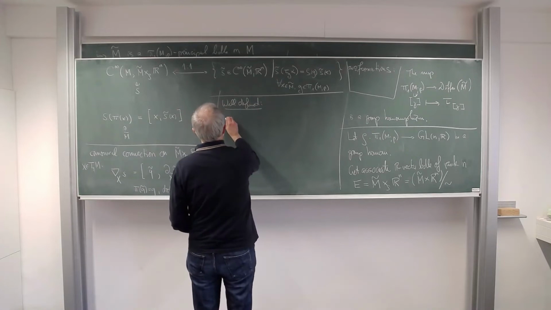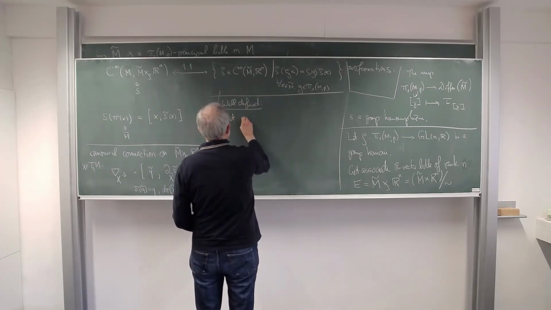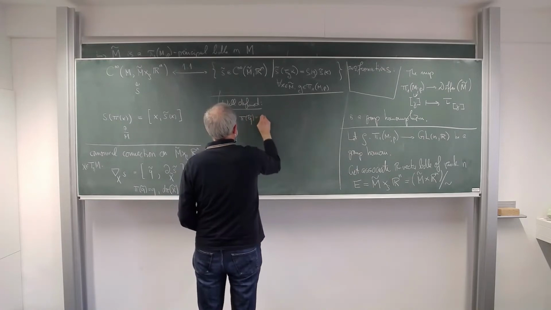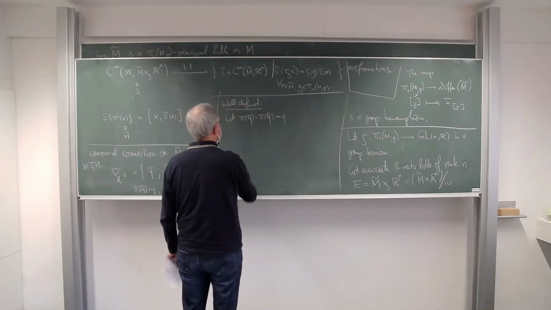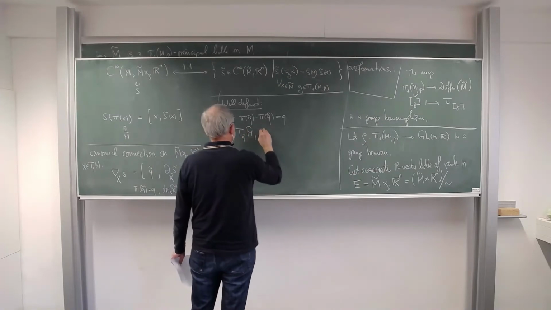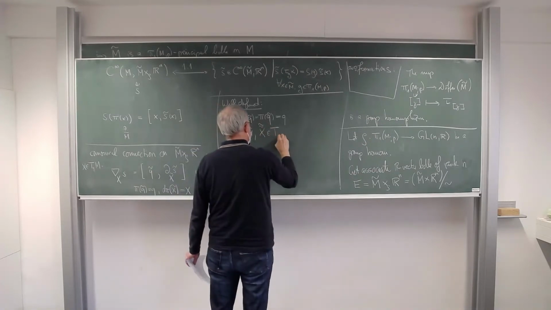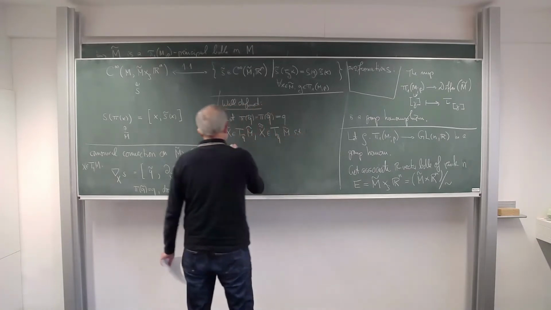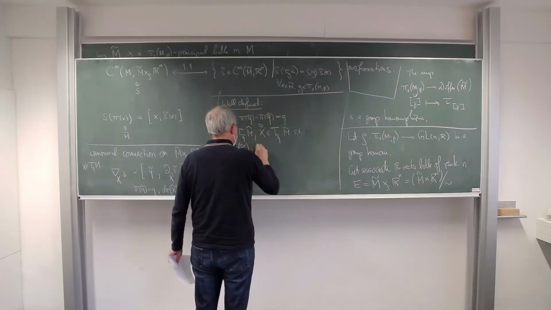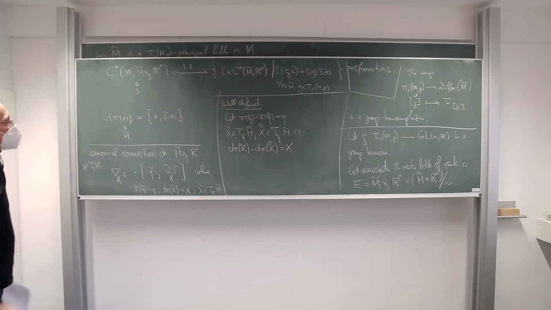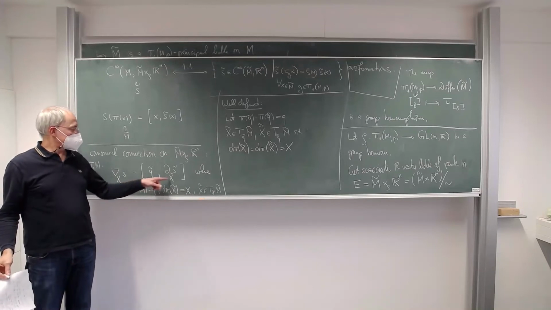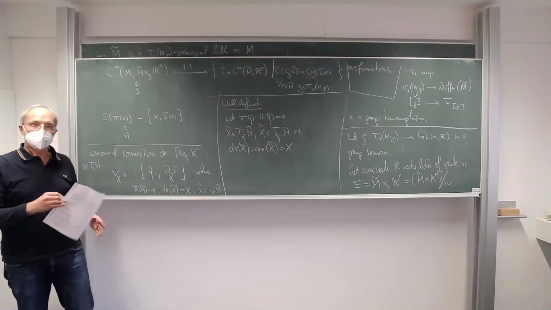So pi of q tilde and pi of q tilde tilde are both q, and correspondingly x tilde in the tangent space of m tilde at q tilde and x tilde tilde in the tangent space of m tilde at q tilde tilde, such that d pi of x tilde and d pi of x tilde tilde are both x. And then we need to check that if I replace the tildes here by double tildes, then I get the same thing.